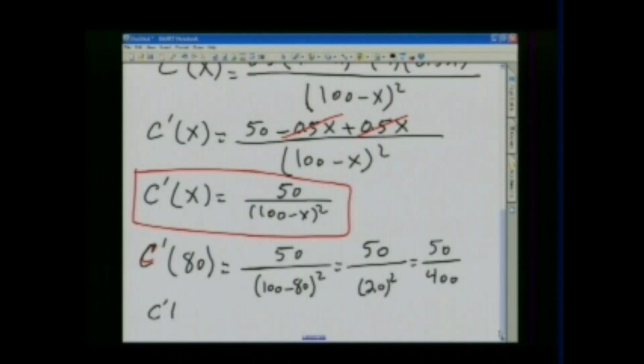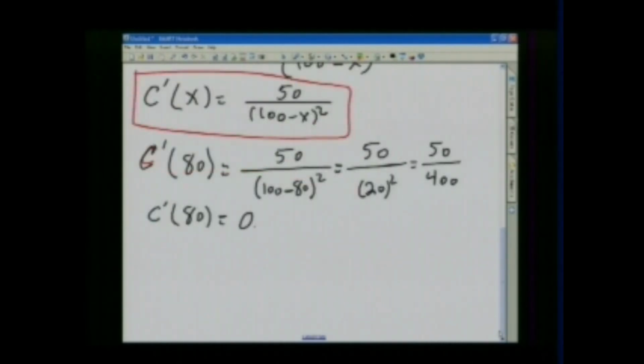Therefore, C prime of 80 here would be equal to 0.125 million dollars. Okay? So the rate of change in cost of removing 80% of the toxic waste is 0.125, which is $125,000.